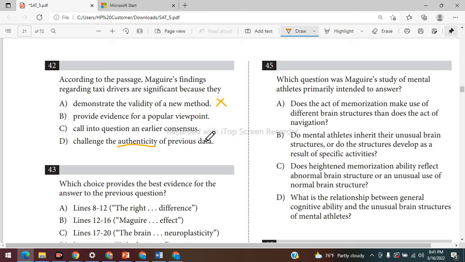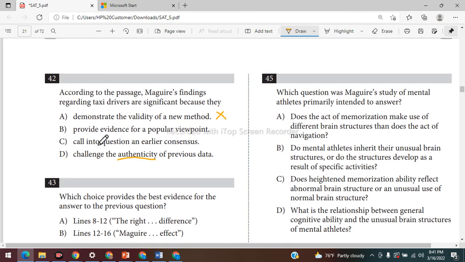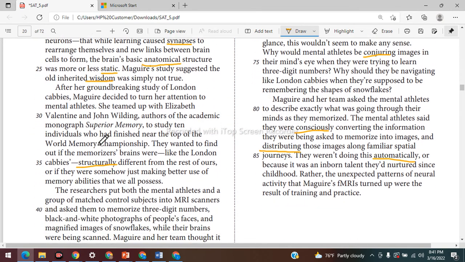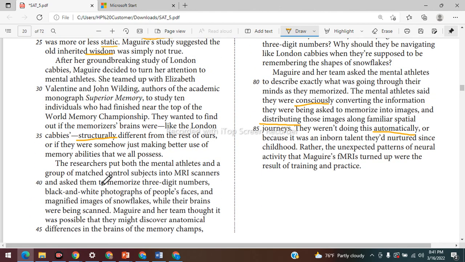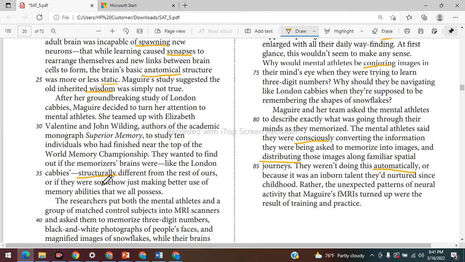The reason why it's not D is because there's no data about her. Look, let's read the passage. The passage says that after a groundbreaking study, the Migrant study suggested the old inherited wisdom was simply not true.